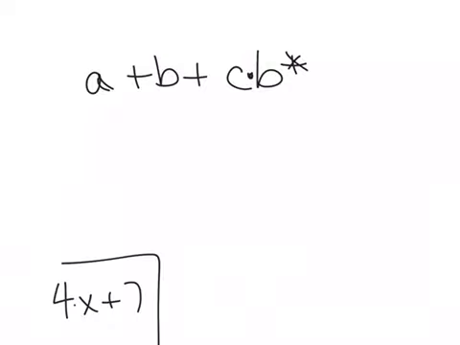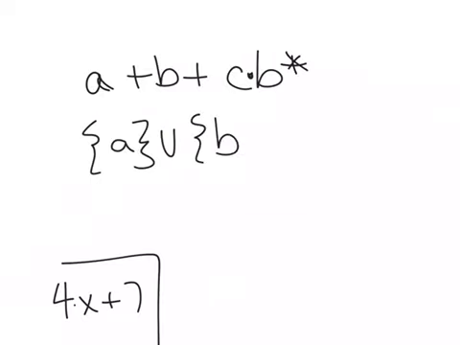A plus B plus CB star is a regular expression that represents a set of strings. Remember, the plus represents union most of the time, so a direct translation is the set containing just the letter A, unioned with the set containing just the string B, unioned with the set.